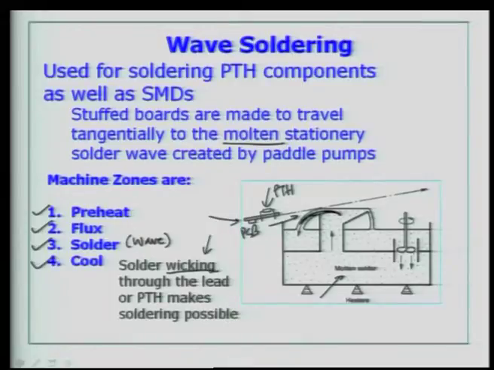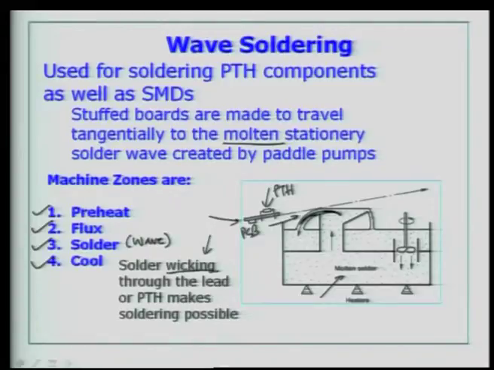But the one point that I emphasize is, here you have no control over the temperatures, because we are talking about molten solder, and there could be thermal shocks for surface mount devices, especially some kind of active devices if you are trying to solder through wave soldering process.